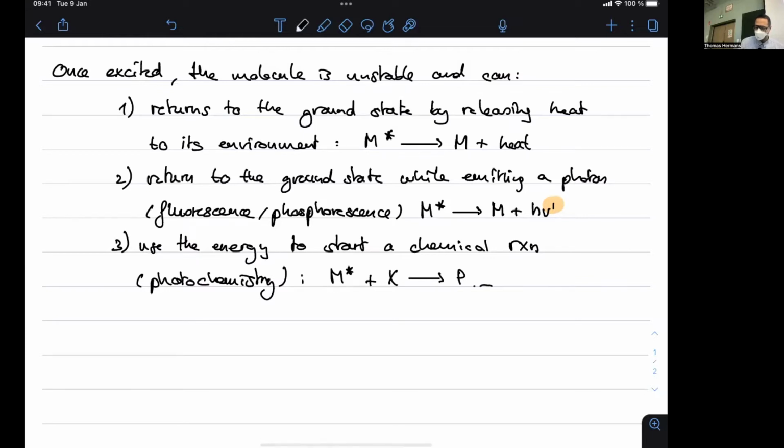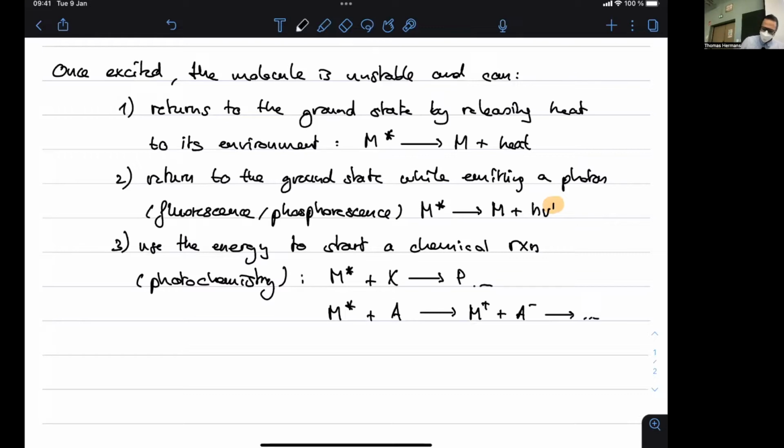Can be different products. Or you can have an acceptor, as it's called, A, and then you can do an energy transfer. So you can, for example, get a charge on your molecule or on the acceptor, and that can have consequences for the reactivity. Okay.